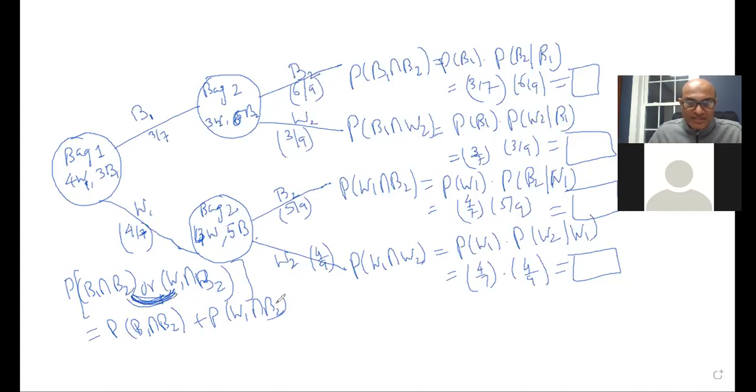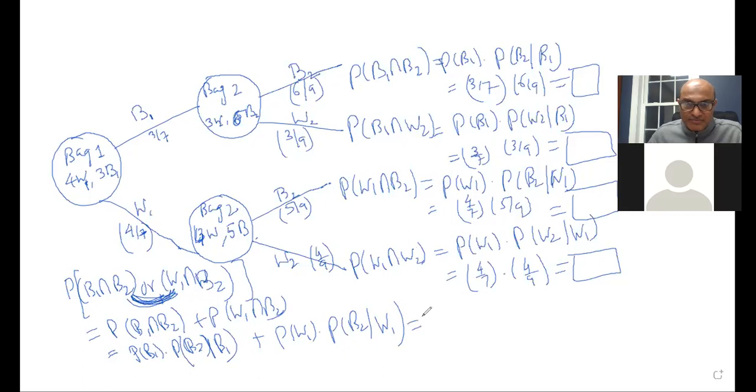But here it is a conditional probability. So probability of B1 times probability of B2 given B1 plus probability of W1 times probability of B2 given W1.